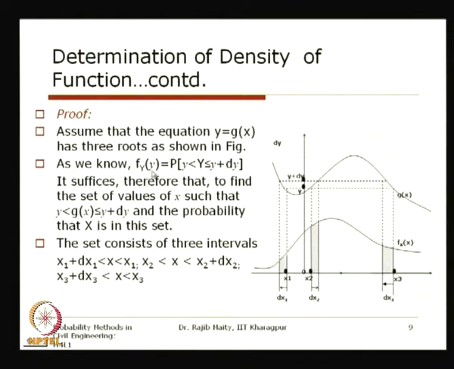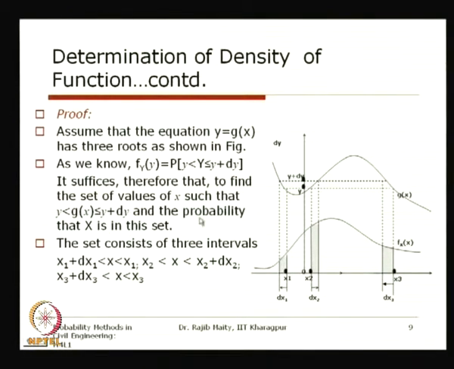So now if I want to know what this f_Y(y) is, then this is nothing but the probability of y to y plus dy changing to this one. Now it suffices therefore to find the set of the values of x, such that this condition is satisfied, that is g(x), which is nothing but y, is from y to y plus dy, and the probability of that x in this set.